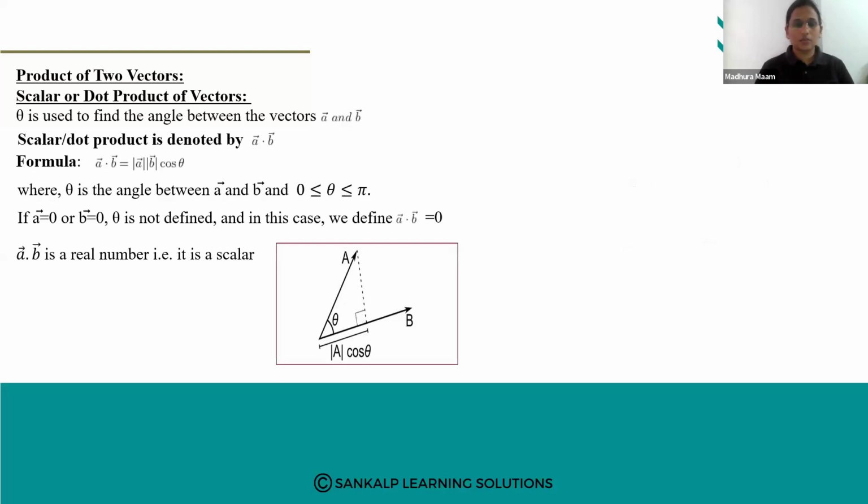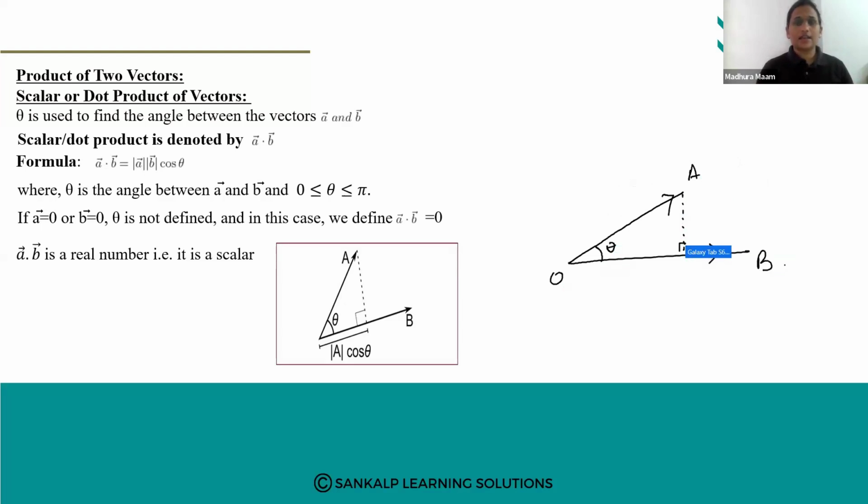You can see the diagram over here very clearly. Suppose one vector is acting in this way, one vector is acting in this way. Say this is the point O, this is A, this is B. Then definitely when two forces are acting, there will be some angle between them. Let us call this theta. For our convenience, we will join this.